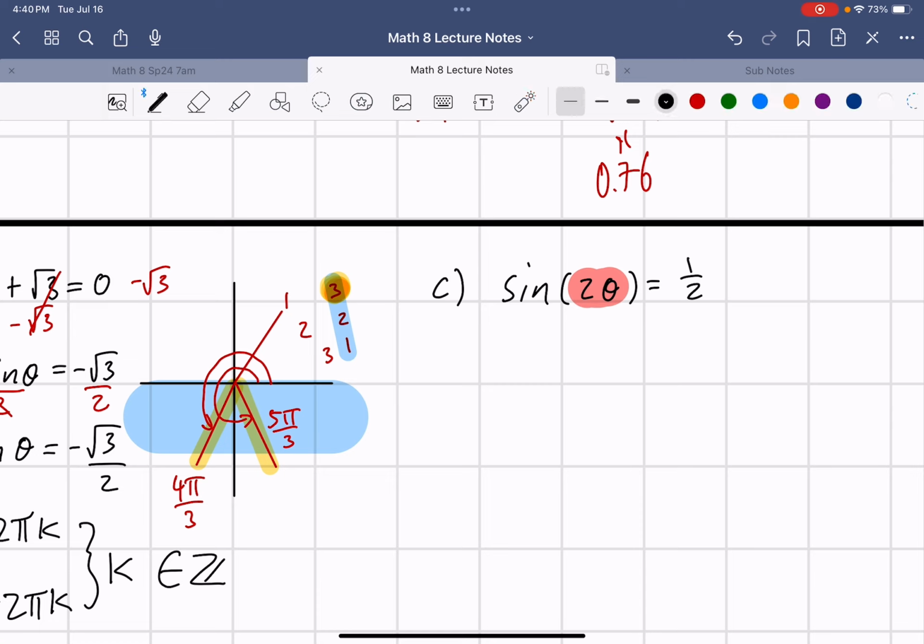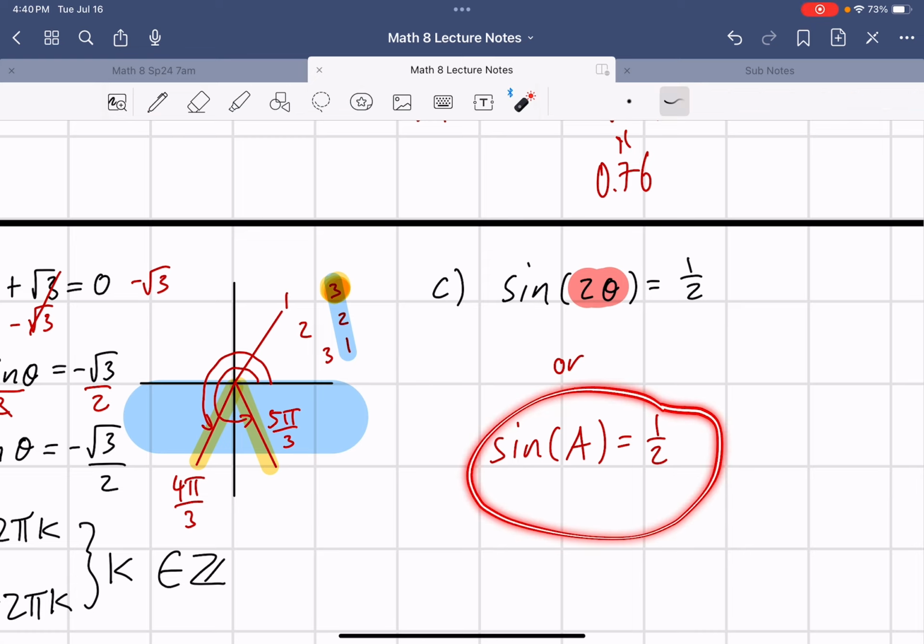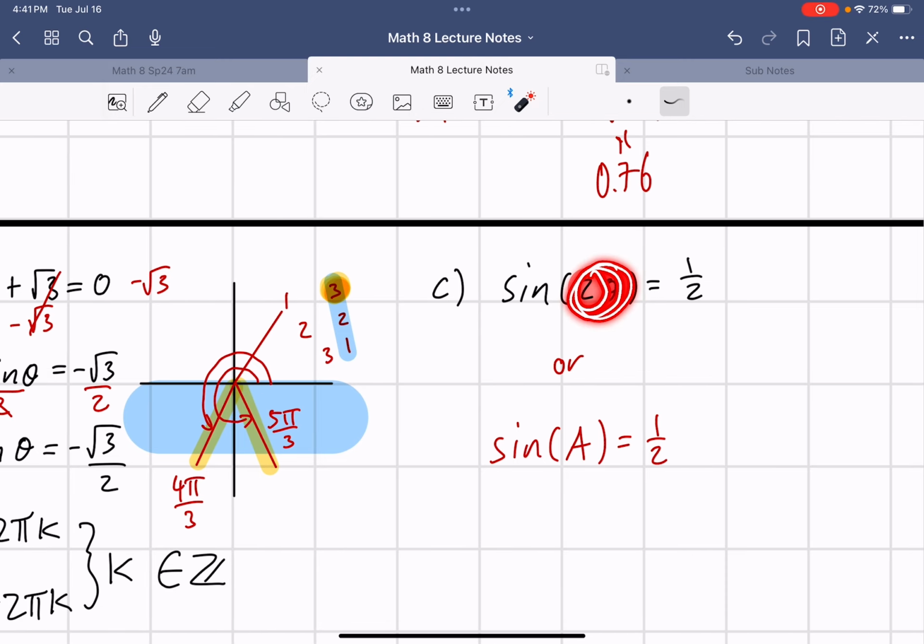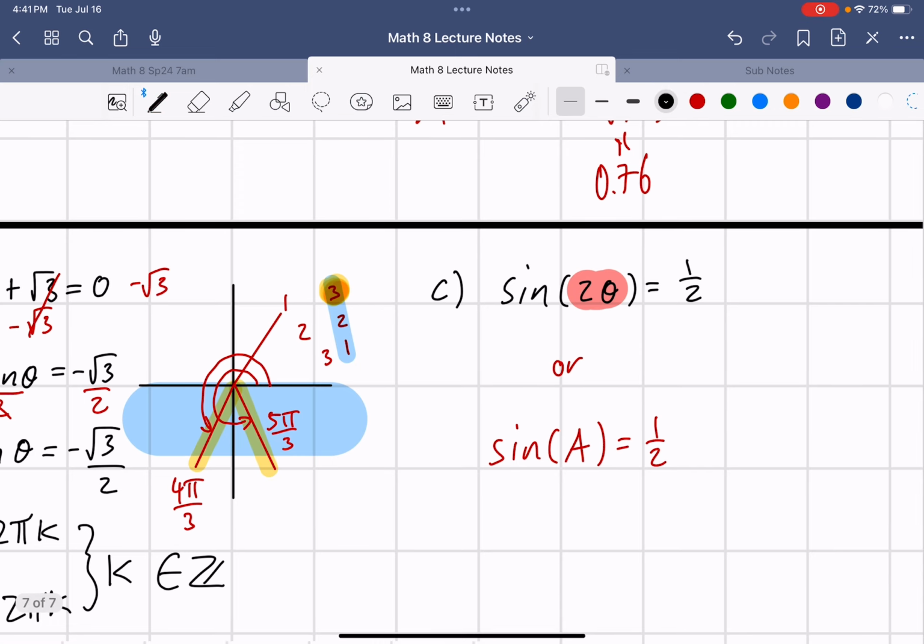So in other words, you want to think about it as sine of this new angle is equal to 1/2. Visualizing it this way, it takes the critical portion of this 2 theta, and then I can just do exactly what we were doing before, where we're trying to figure out where we get 1/2 for sine.